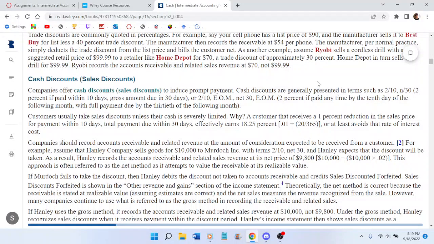What on earth? 2% if paid anytime by the 10th day of the following month, with full payment due by the 30th of the following month.